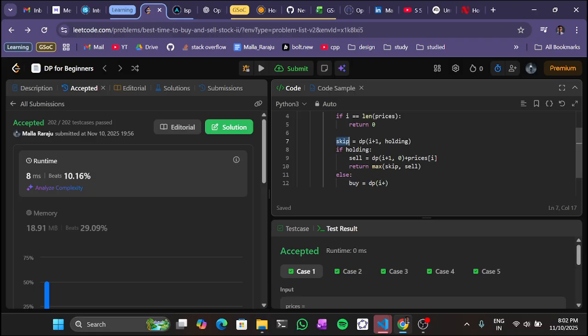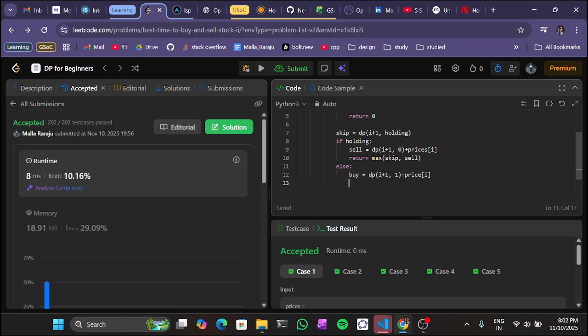Since we are skipping the possibility of skipping and we are not holding anything, we are choosing to hold something now. Since we are holding something now, we'll hold a value of minus price of I, and return the maximum profit whether by skipping or buying.